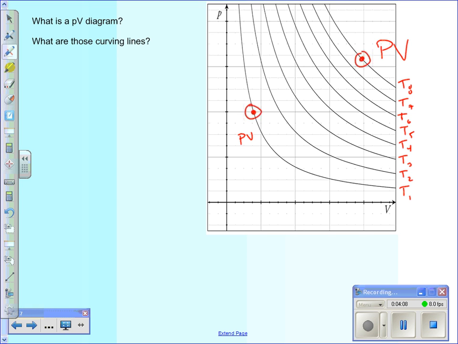The combined gas law says these ratios need to be the same, so a small pressure times a small volume will be divided by a small temperature. A big pressure times a big volume will need to be divided by a larger temperature in order for these two ratios to be the same. To make a long story short, as we read in this direction, as the isotherms go from here to here to here, this is the hotter isotherm and this side is the colder.